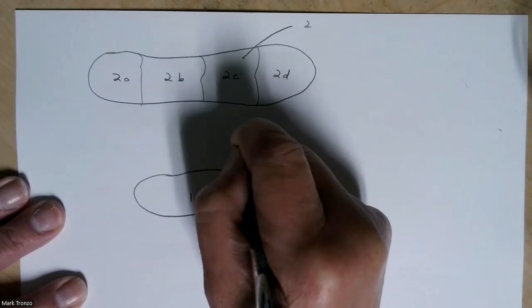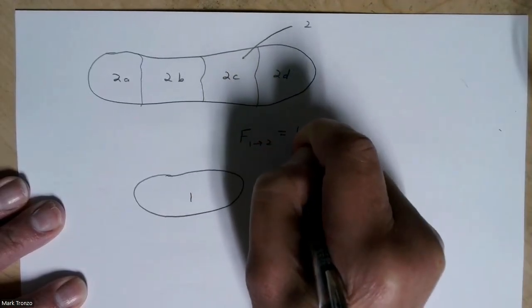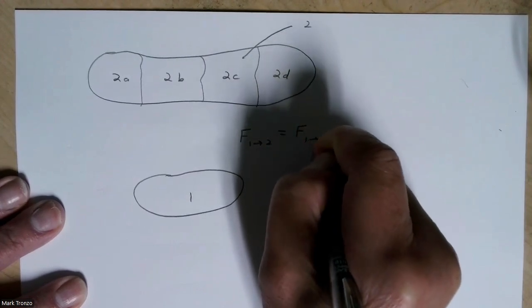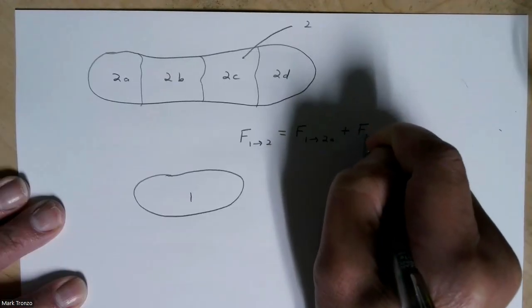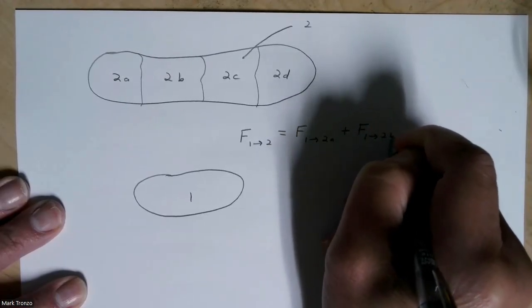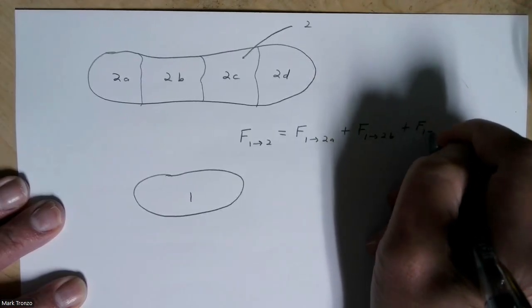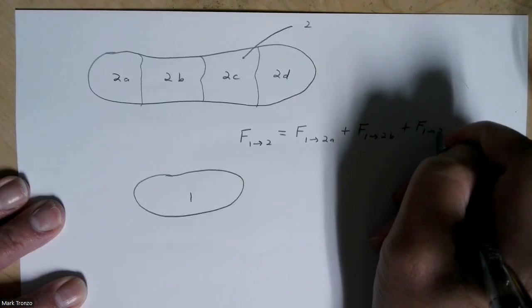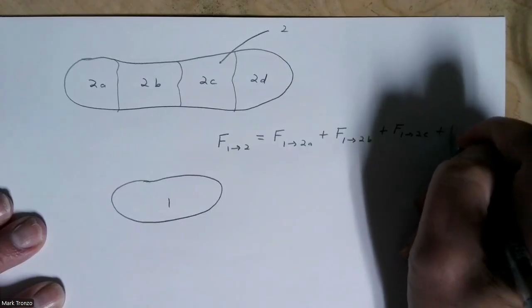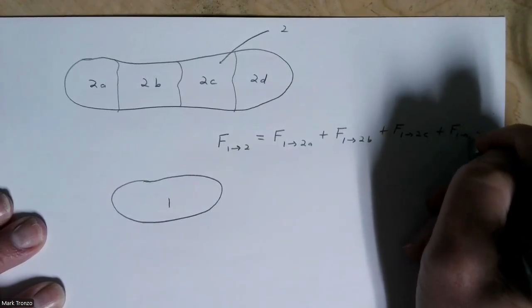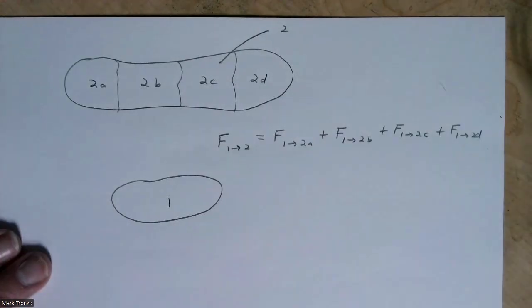Then, again, we can still say that the view factor from 1 to 2 is equal to the sum of the other view factors.